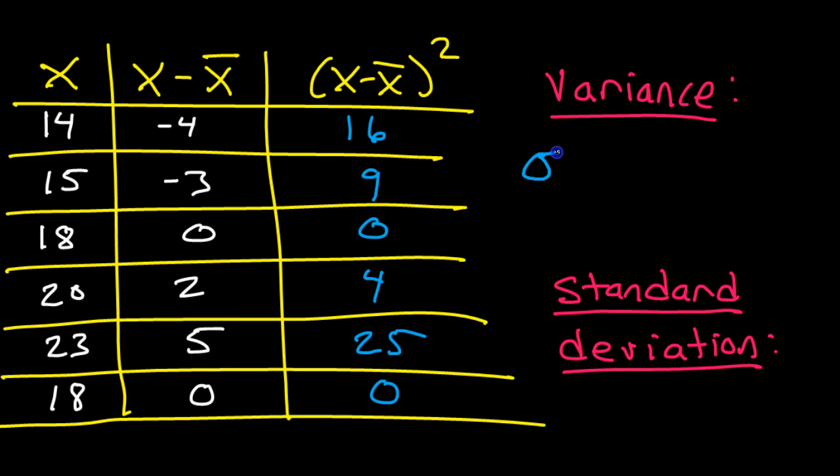The symbol for variance is lowercase sigma squared, and that's going to be the sum of these squares divided by however many you have. In this case it's divided by 6, but in general I'll call it n, the number of elements.